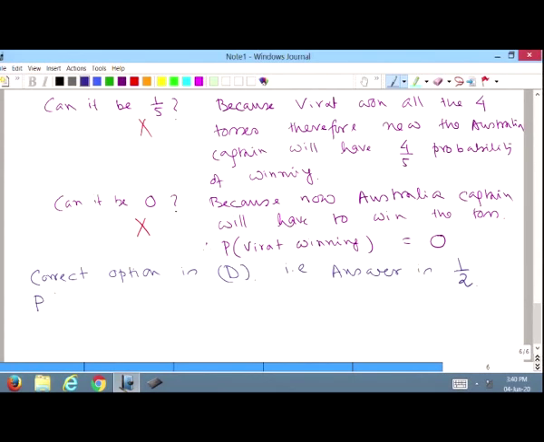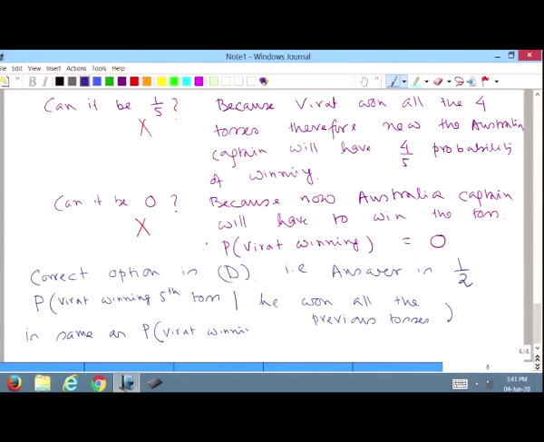because probability of Virat winning the fifth toss given he won all the previous tosses is the same as probability of Virat winning the toss, as these are independent events.